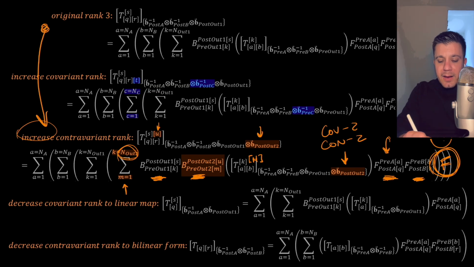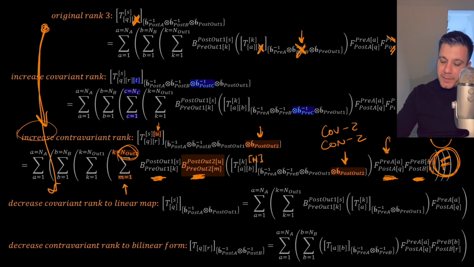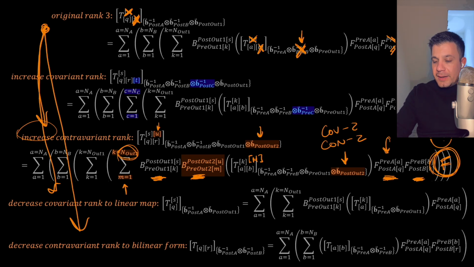Okay, so now we decrease the covariant rank, and so we get rid of one of these indices. We get rid of one of the bases associated with the input, and we get rid of the forward transform matrix associated with the second input. And if we go down here, we do something analogous where we get rid of the only superscript index.